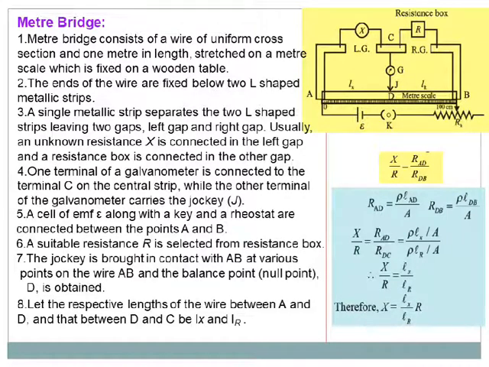As we take the ratio, rho gets cancelled because the wire is the same. So you get X upon R is equal to Lx upon Lr.